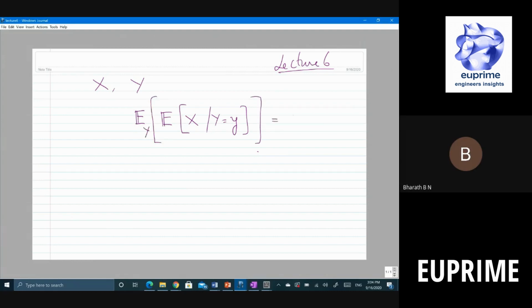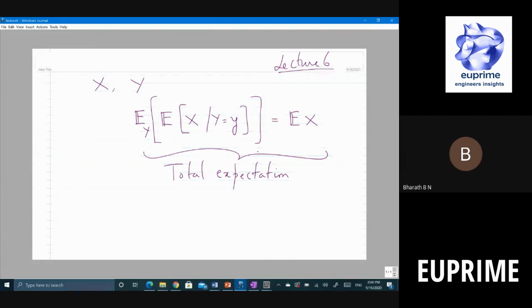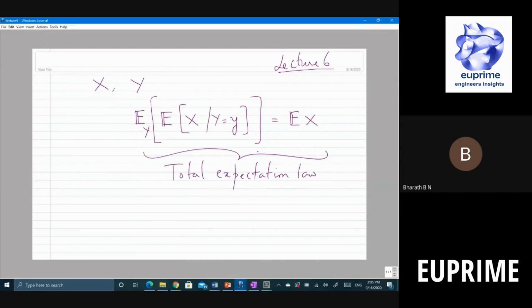This gives me the expected value of x. This is called the total expectation law. This is something that you should never forget. It's very, very useful in many different contexts while you compute these conditional expectations.